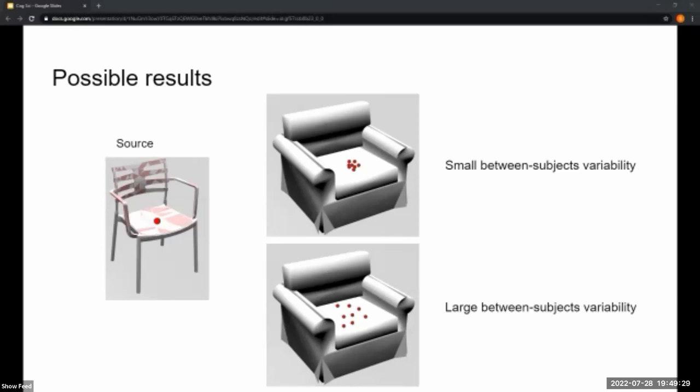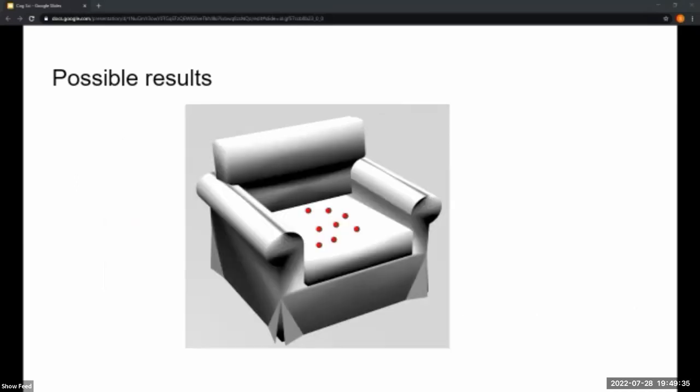And if they are scattered all over the place, we will say it's a large between-subjects variability. How do we measure it? We take all the markers and get the center of all the markers, and then we calculate the distance of each participant's response to the center location, and then we take the average of it. For example, in this case, it might be about 30 pixels.